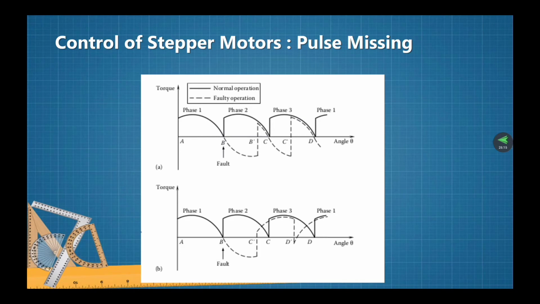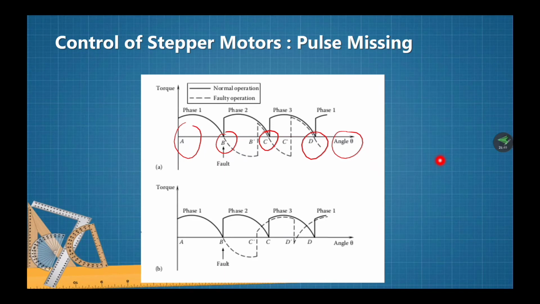Suppose that under normal operation condition, the motor runs at a constant speed and phase activation is broken at points A, B, C, D. Using a pulse sequence sent into the translator, these points are equally spaced, with the horizontal axis as the angle of rotation.